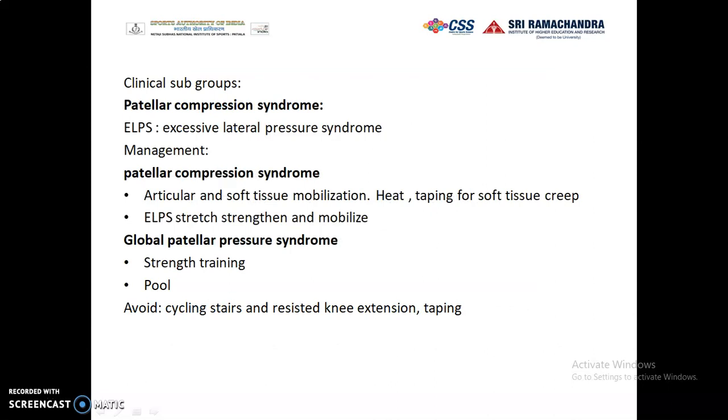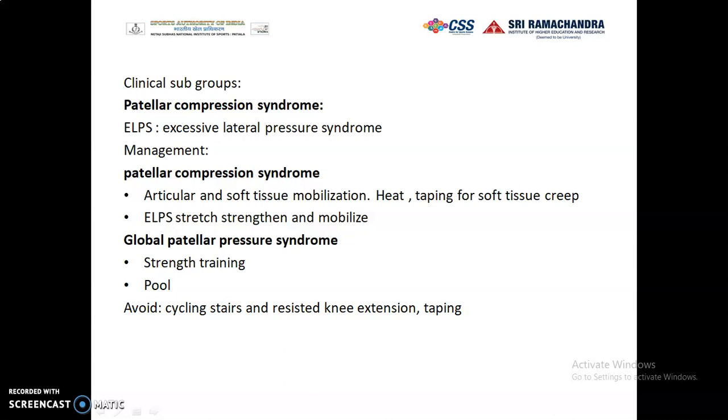Now, when you talk about clinical subgroups, how do you differentiate patellar compression syndrome? The patellofemoral pain syndrome has subclinical groups. The patellar compression syndrome, especially if you have excessive lateral pressure syndrome, how do you manage it?